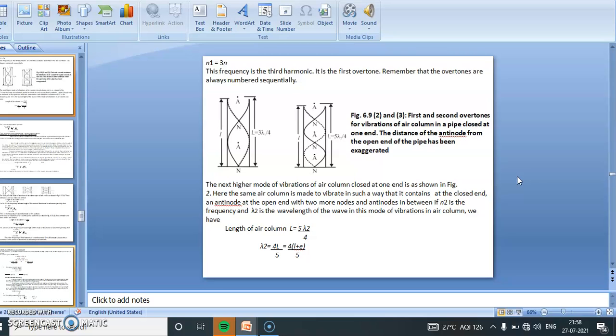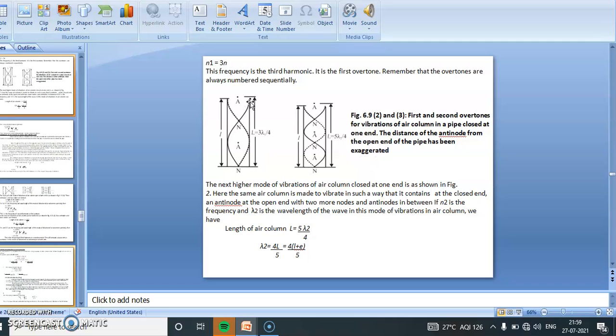It is the first overtone. Remember that the overtones are always sequential. Okay. See here. L is 3 lambda 1 by 4. L is 5 lambda 2 by 4. Okay. Means the first and second overtones for vibration of air column in a pipe closed at one end, the distance of antinode from the open end of the pipe has been exaggerated.